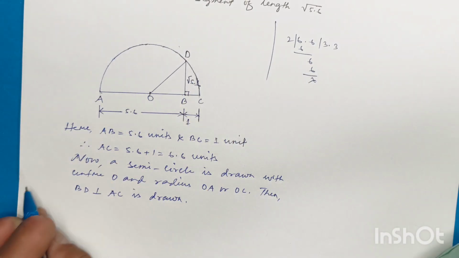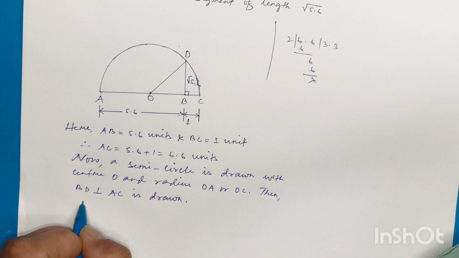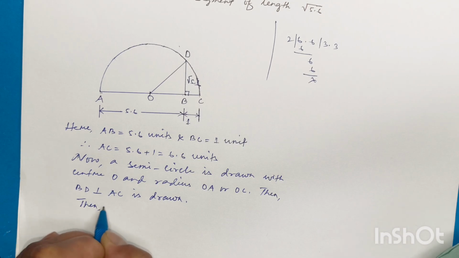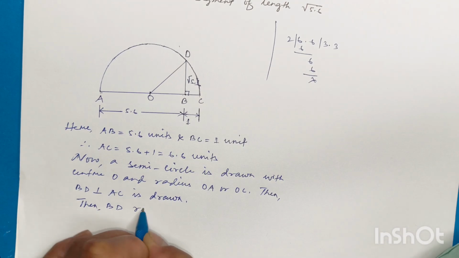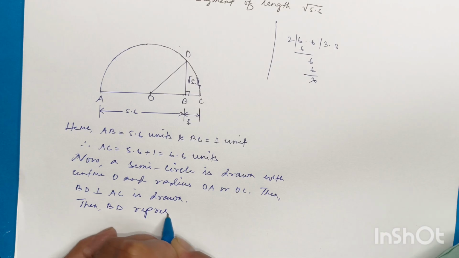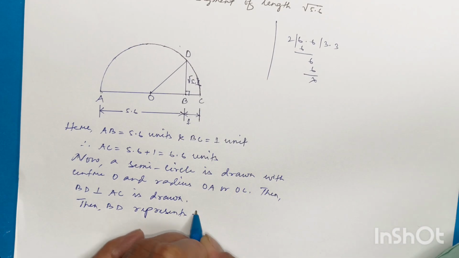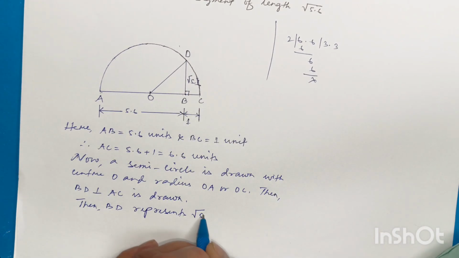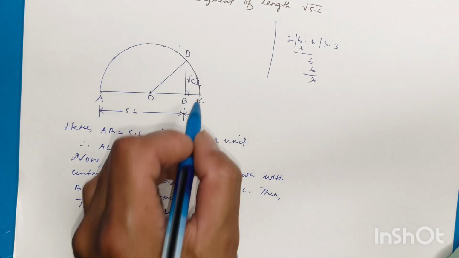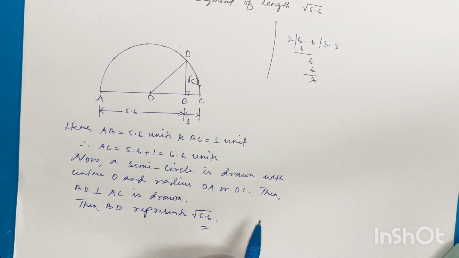5.6. How does 5.6 come? I will show. Then BD represents root over 5.6. I will show you how BD length root 5.6 comes.